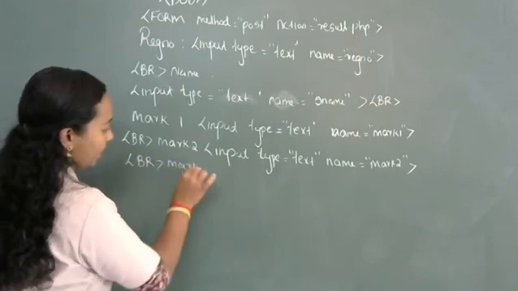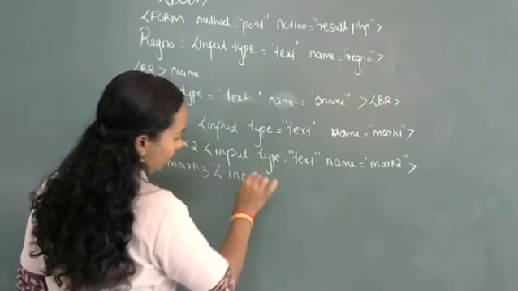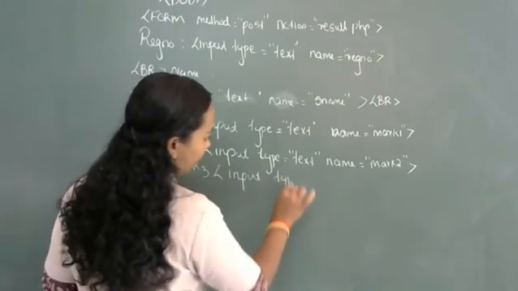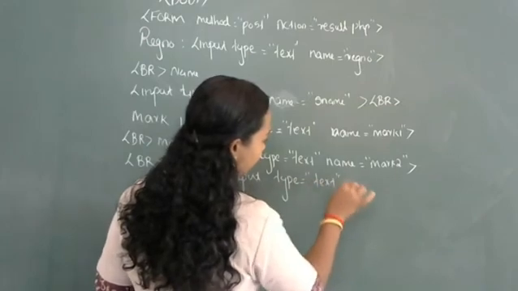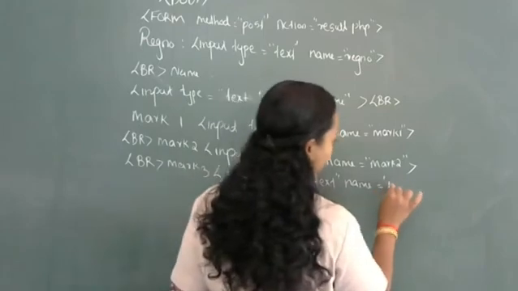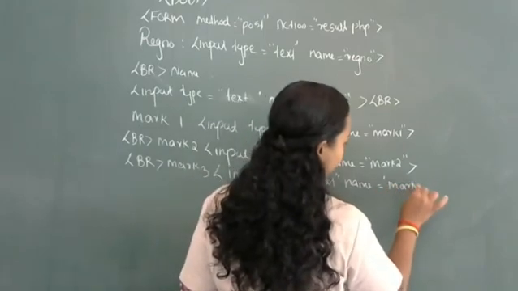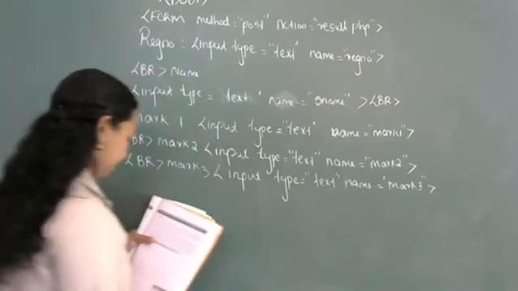Then mark 3: input type equal to text, name equal to mark3.